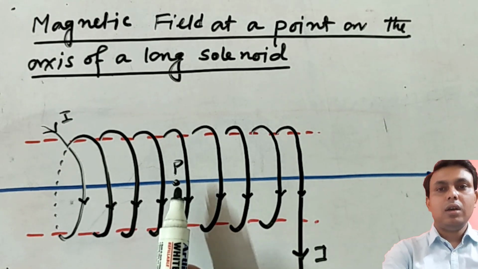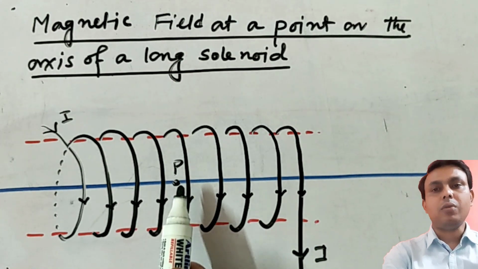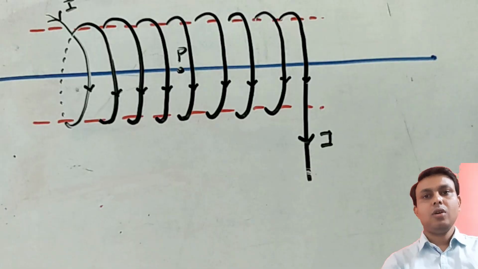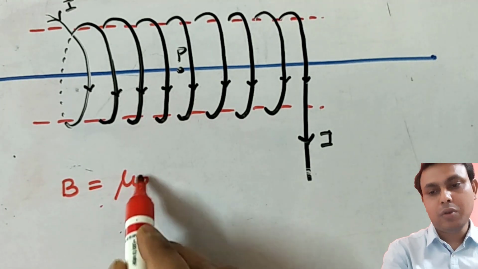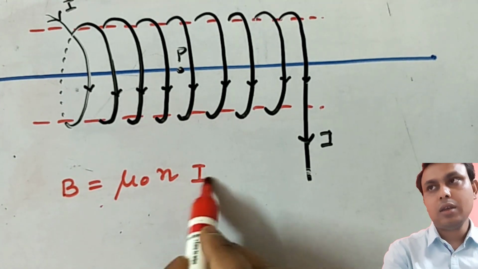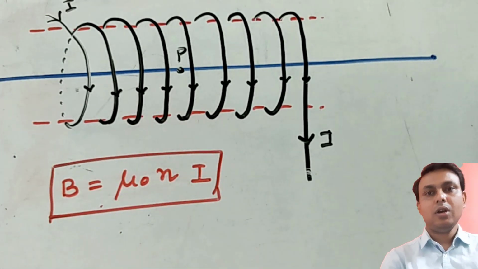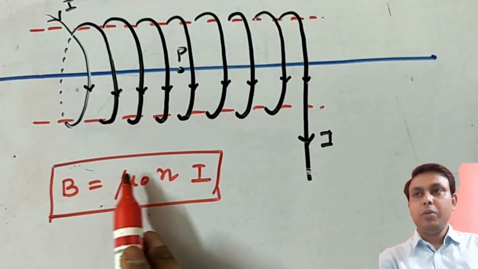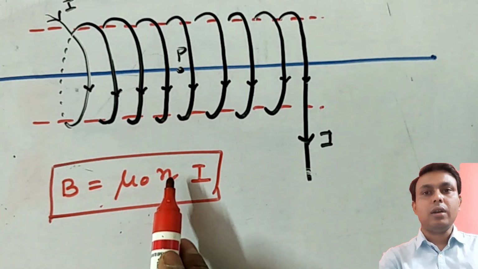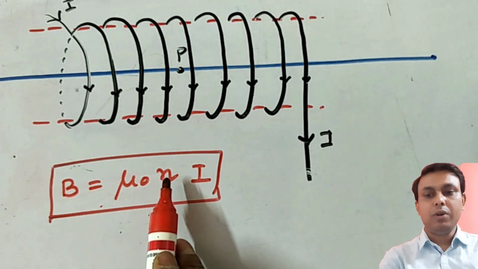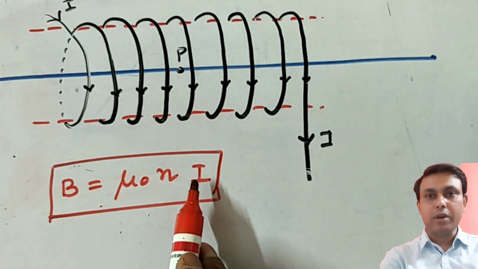Now if we calculate this magnetic field using the Biot-Savart law, then we shall get B equal to mu 0 n I, where mu 0 is the permeability of free space, n is the number of turns per unit length, and I is the current flowing through the solenoid.